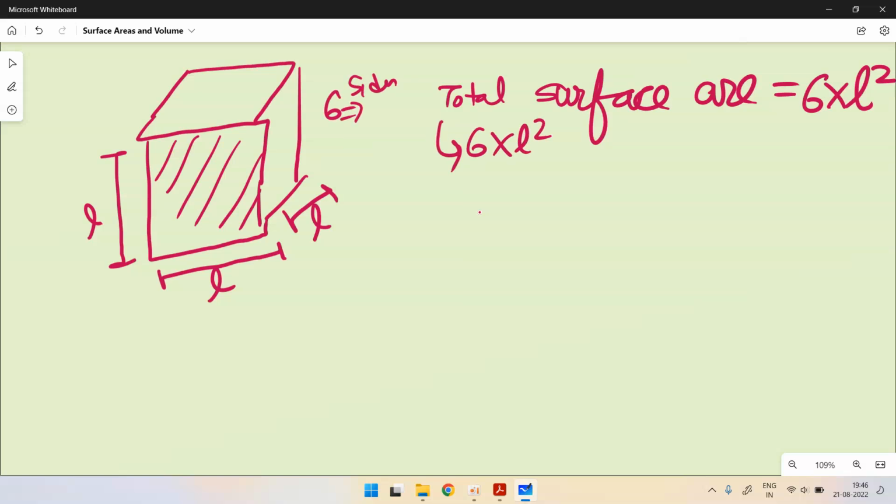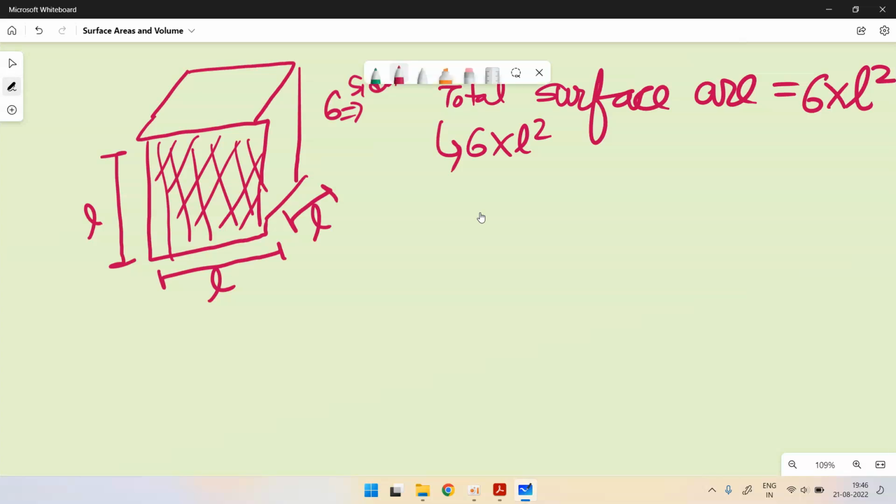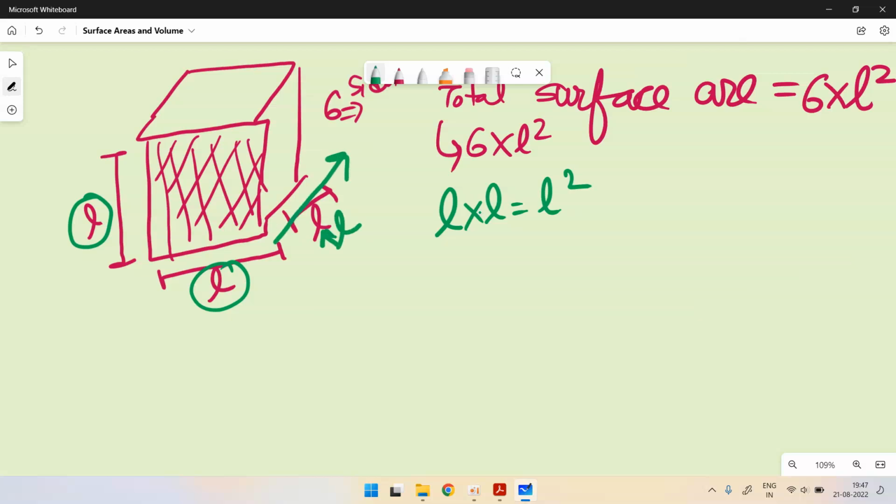Now for volume, again the same thing. Consider only one side. Suppose this side I am considering. The area of this will be this L into this L, which is L square. Now I want to extend this up to here, this L. So volume will be L square into L, which equals L cube.